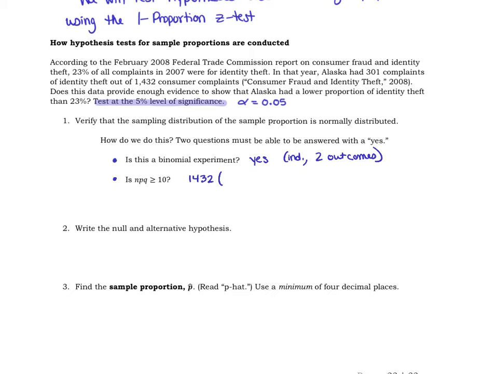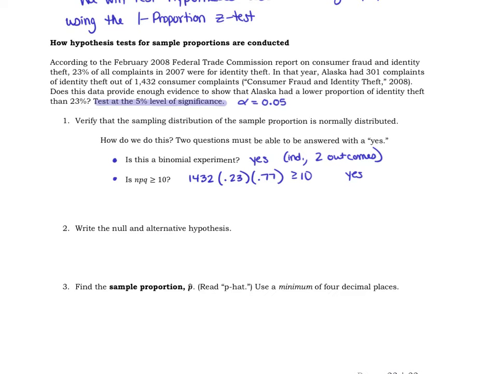P is going to be the proportion of people who complained about identity theft from the population, not just from Alaska, okay, but from the overall population. So that's 0.23 or 23%. And remember, q is the percentage of people that had some other type of complaint. Okay, so 100 minus the 23% is 77%. And that number should be greater than or equal to 10. And you will find out that yes, indeed, it is.